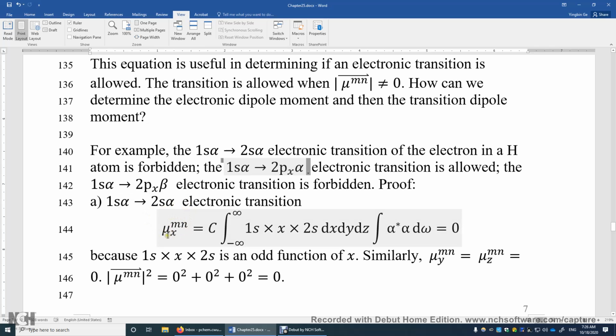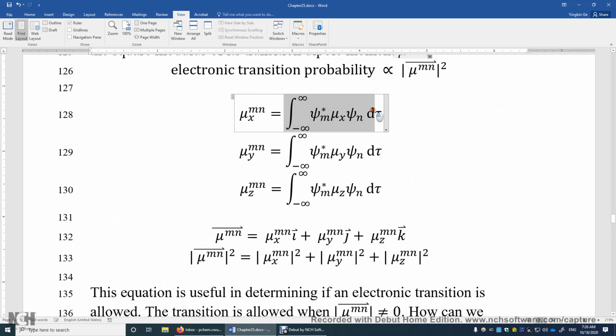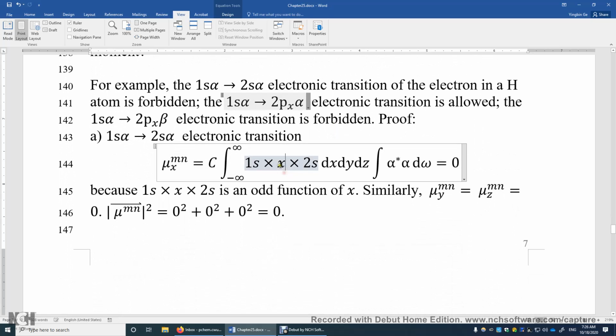When we look at this x component, we need to be sure that this equation should be used. We need to have the initial and final wave functions. You can put initial here or here. It doesn't really matter. And then you put this mu sub x in the middle. And mu sub x is proportional to x.